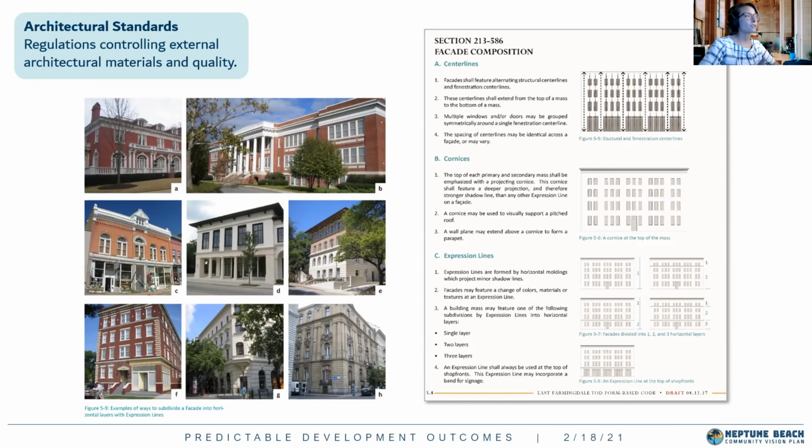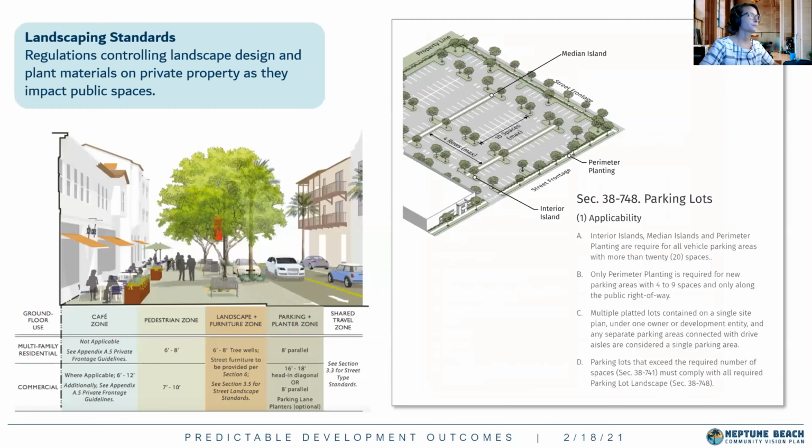And these can be as loose or strict as the community desires. And here are some examples of landscaping standards, both for streets and public spaces, but also on private properties, in particular places like parking lots. How do we shield those? How many trees do you need, etc.